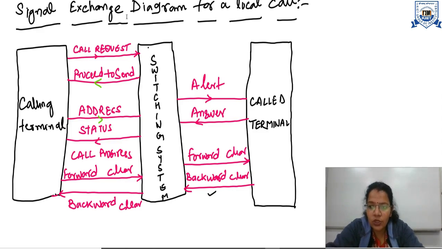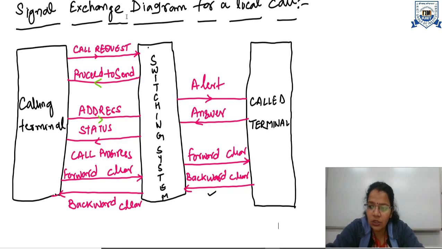For a call over a junction between two exchanges, the actions between the customer's calling signal and connection to an outgoing line occur at the originating exchange. This exchange then sends information to the terminating exchange.